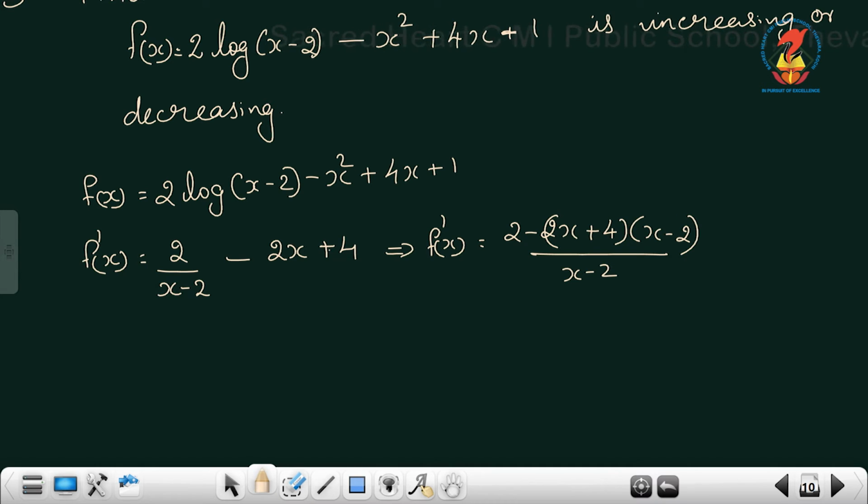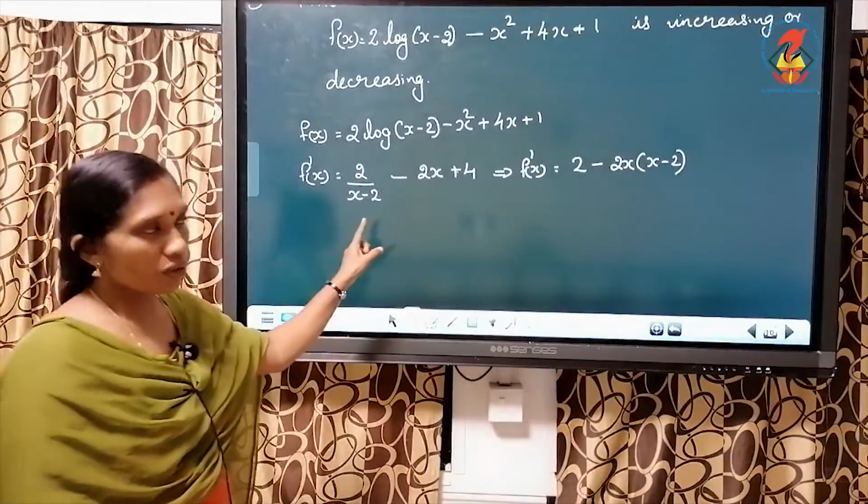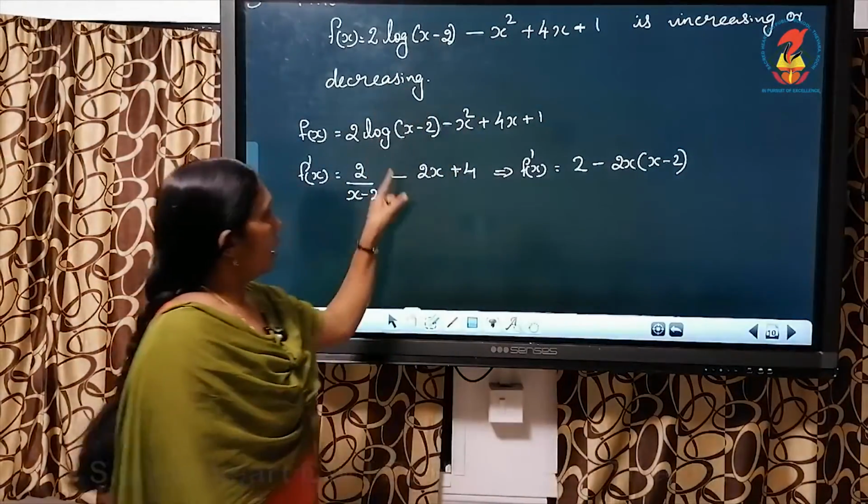Then open the bracket, f dash x is equal to 2 minus 2x square minus 4x plus 4x. No, this minus is only for the x square, that is, only for 2x.